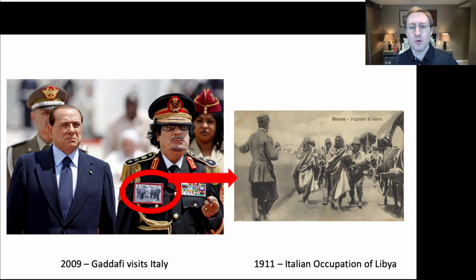And to show that Libyans have not really forgotten about imperialism, Gaddafi chose to put on his suit a photograph that depicted a scene of colonial violence, namely Italian troops killing Libyan people in the early 1900s.